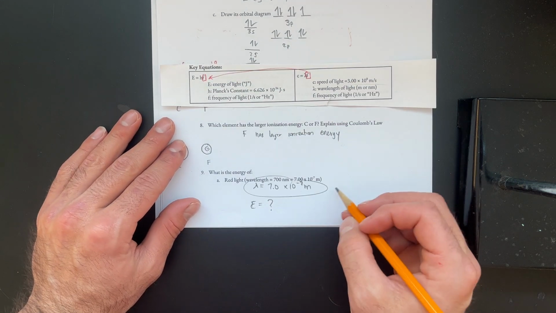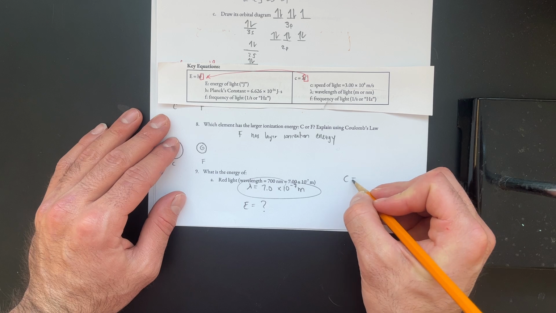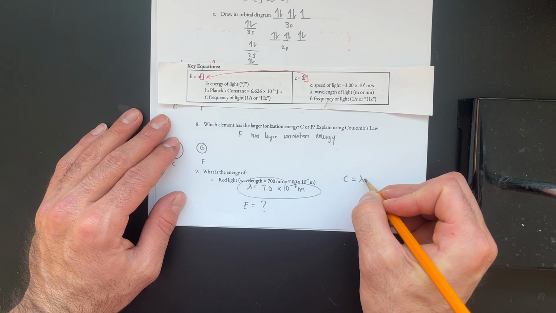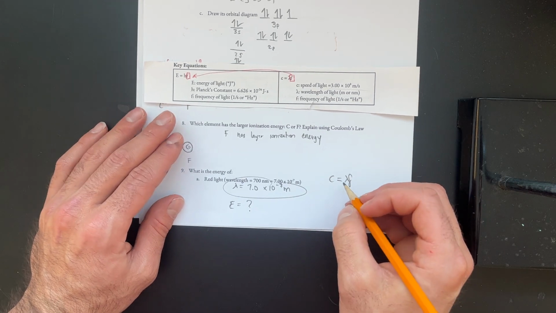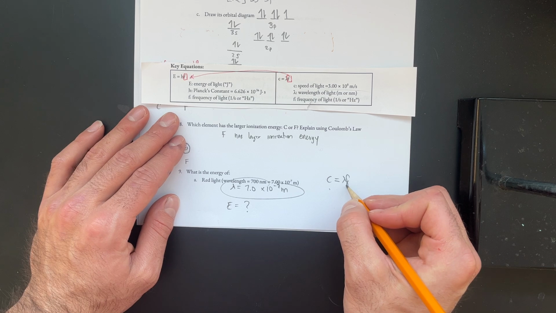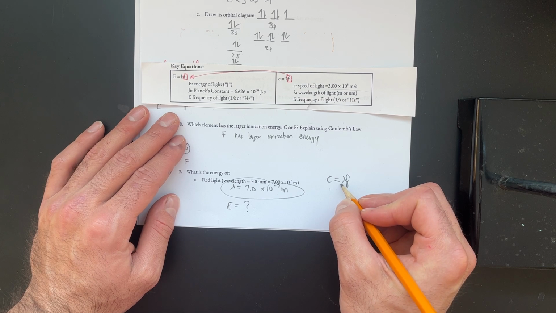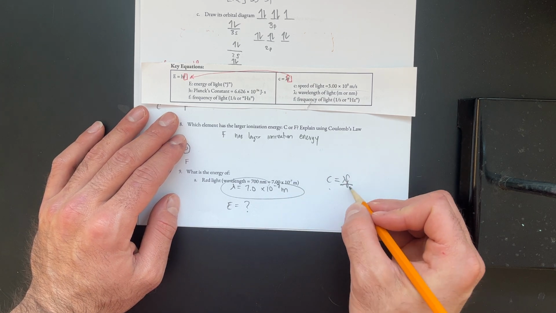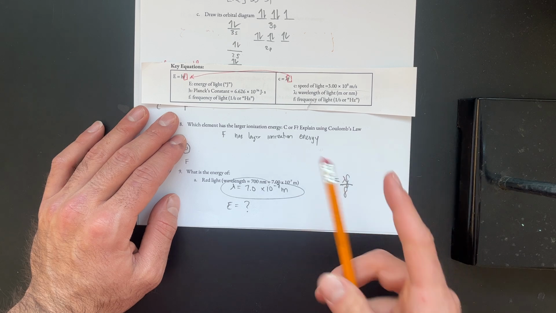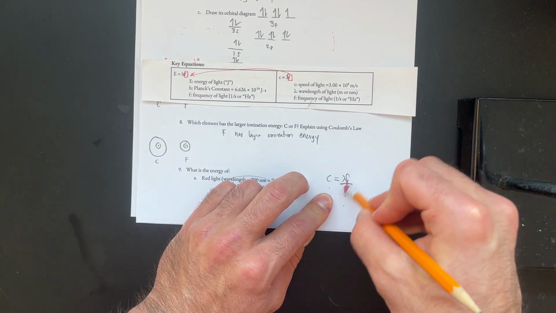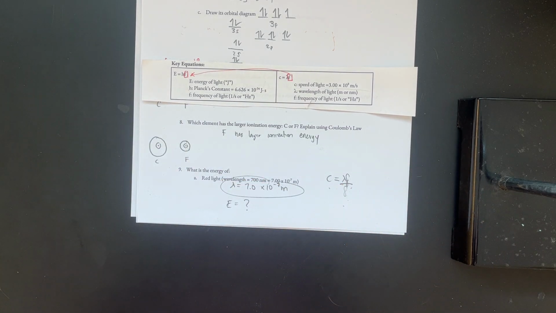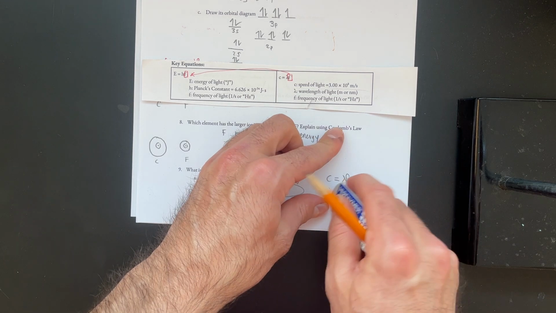And so we're gonna first say, okay, well, C is equal to lambda F. Therefore, F is going to be... end of day, I've used up all my brain cells at this point.